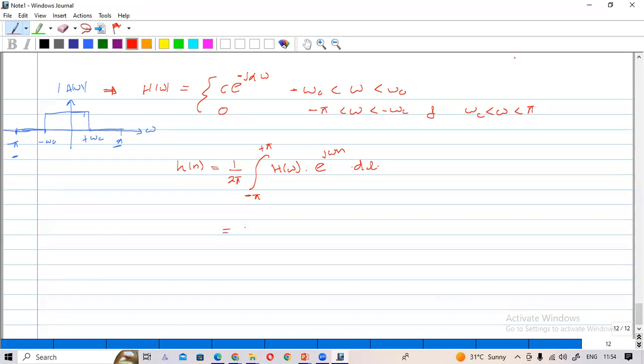Now you can apply 1 over 2 pi. From minus pi to minus omega c it will be 0, so that part is cancelled. From minus omega c to plus omega c, H omega will be C e to the power minus j alpha omega, times e to the power j omega n, d omega.